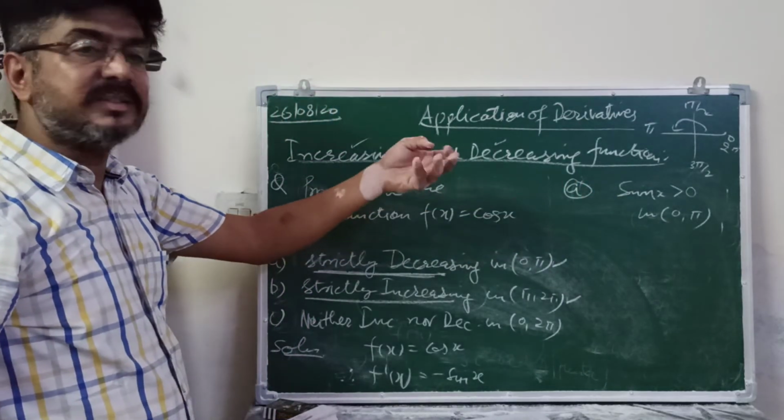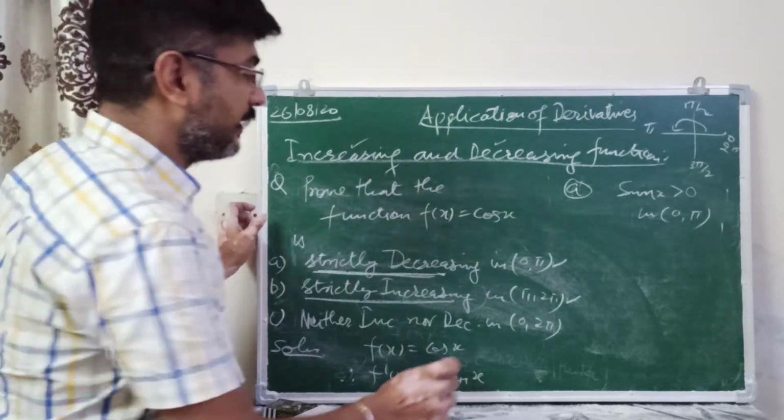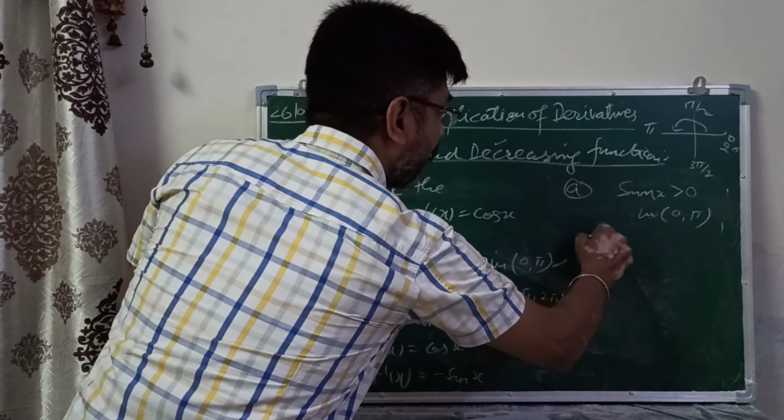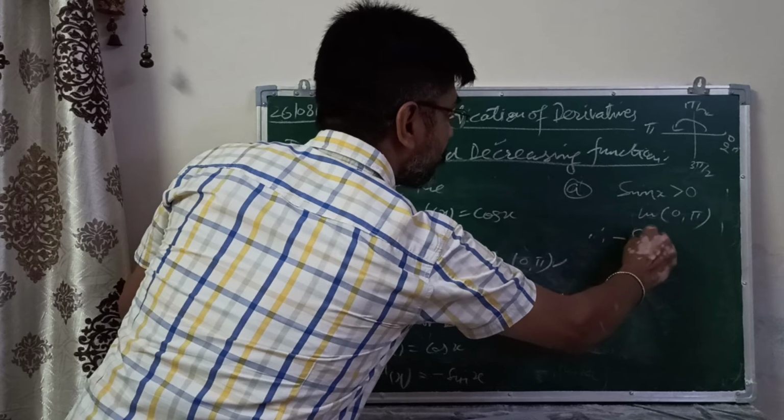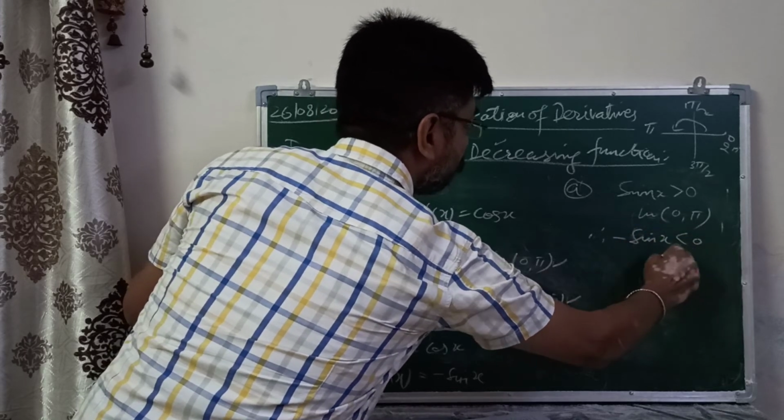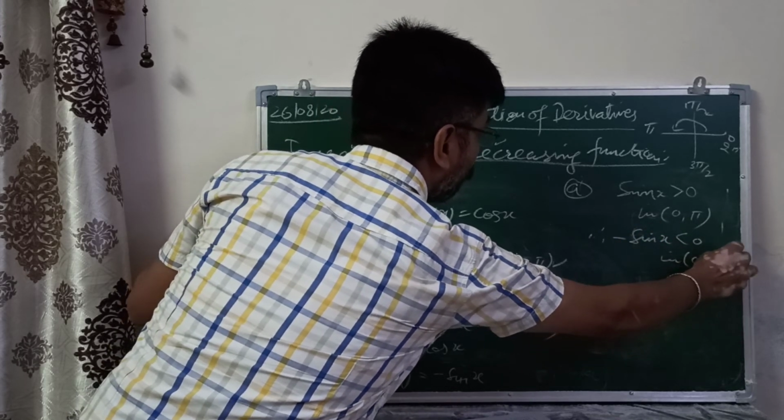So sin x is greater than 0 in 0 to pi. Therefore minus sin x is less than 0 in 0 to pi.